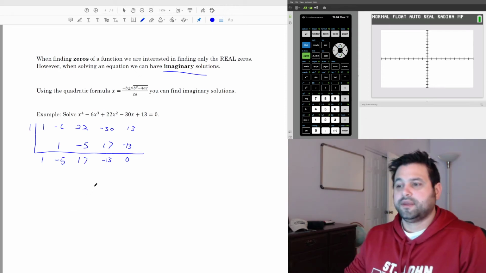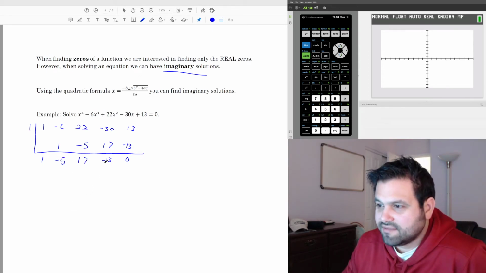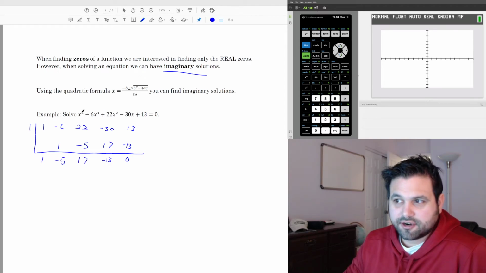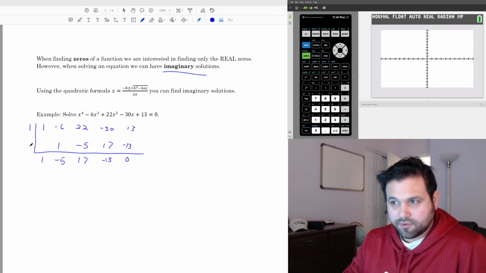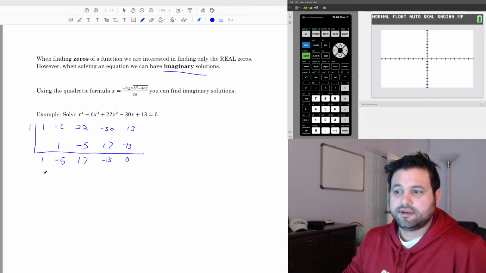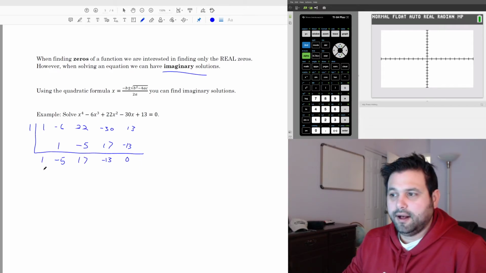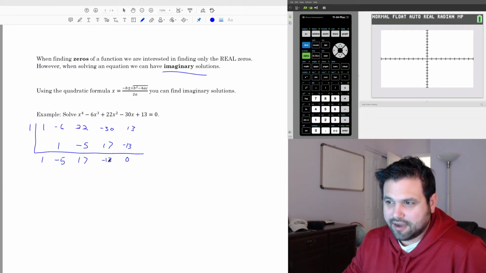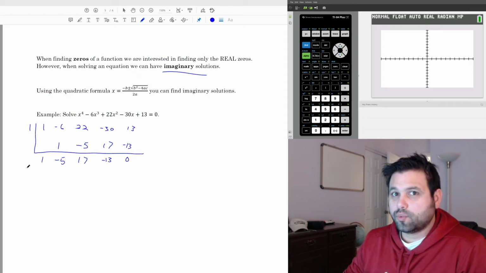X equals 1. Okay, so now looking at what I have left, because right now I'm only down to a cubic, right? I started with x to the 4th. I did 1 round of synthetic division, so now I'm left with a cubic. So can I continue this further? If I look at these coefficients now and add them all together, it looks like they add up to 0 again, which would mean that 1 should work again.